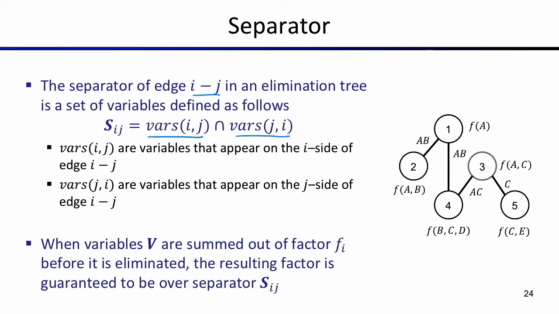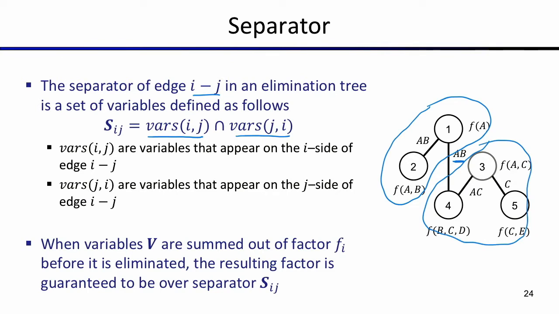Let's take one example that's going to be easier to understand. Let's suppose that I want to compute this separator here. This figure is the same one that I used in the previous videos, but now I have included the separators. So this separator will be the intersection between the variables that occur in factors on this side and the factors that occur on this side.